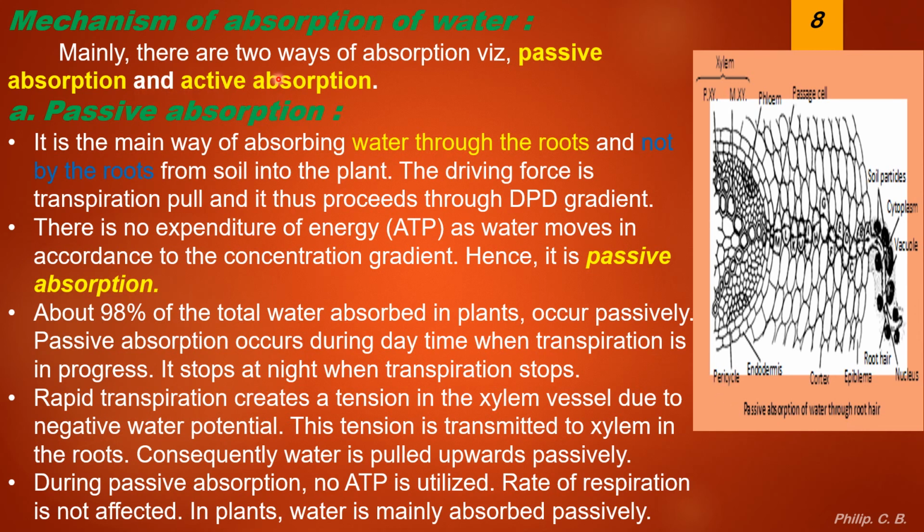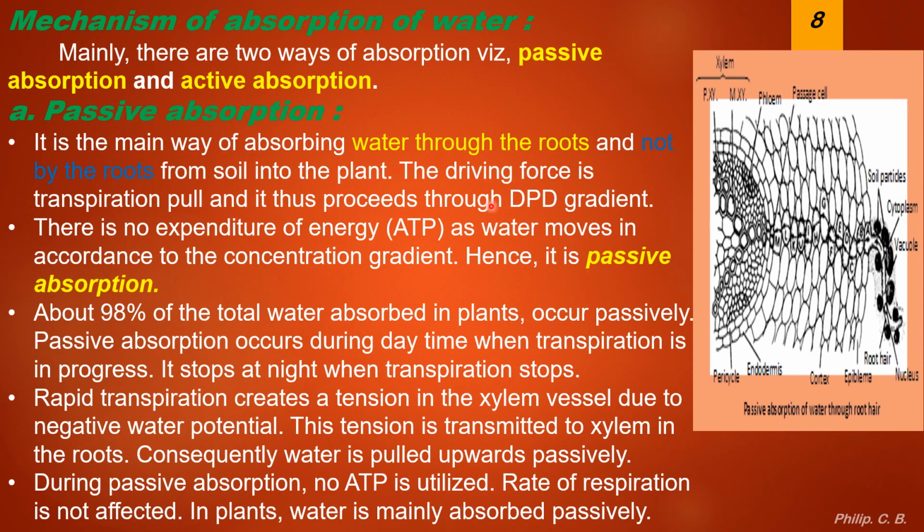So mainly there are two ways of absorption, that is passive absorption and active absorption. Passive absorption is the main way of absorbing water through the roots from the soil into the plant. The driving force is transpirational pull and it thus proceeds through a DPD gradient.